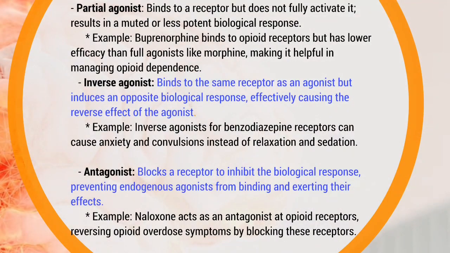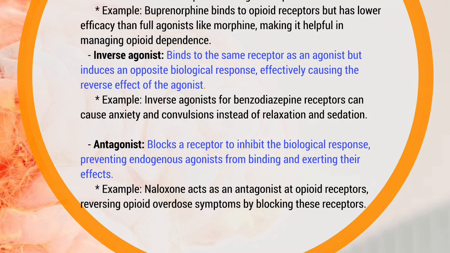It does produce a biological response. The antagonist doesn't. It just binds and blocks. That's it. Don't get them confused, guys, please. One example of an antagonist is naloxone, which acts as an antagonist at opioid receptors, reversing opioid overdose symptoms by blocking those receptors.